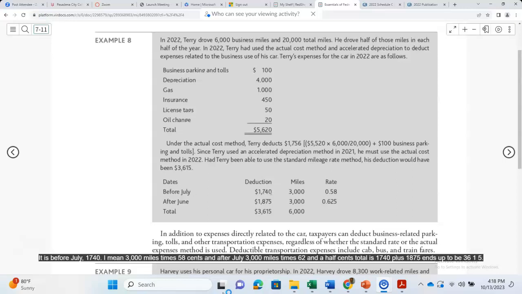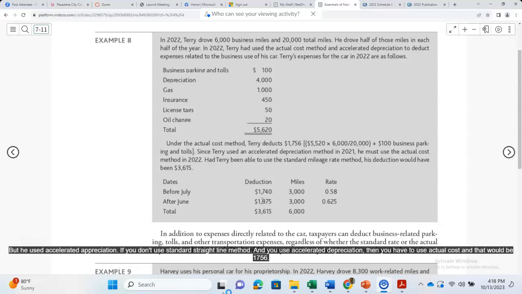Before July, 3,000 miles times 58 cents is 1,740, and after July, 3,000 miles times 62.5 cents is 1,875. The total is 1,740 plus 1,875, which ends up being 3,615. But he used accelerated depreciation. If you don't use the straight line method and you use accelerated depreciation, then you have to use actual cost, and that would be 1,756.